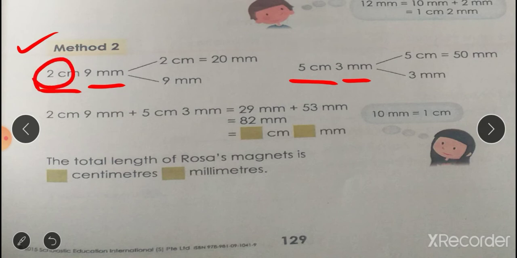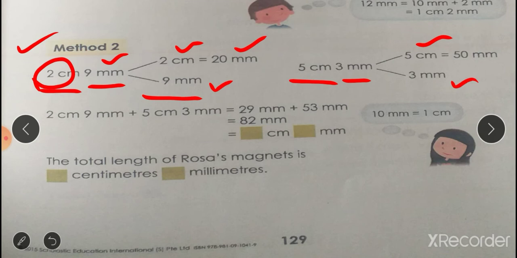As we have 2 centimeters, we know that 2 centimeters equal 20 millimeters, and 9 millimeters would be the same. Here we have split them. Next we have 5 centimeters and 3 millimeters. If we split them, we get 5 centimeters, which equals 50 millimeters, and 3 millimeters would be the same.